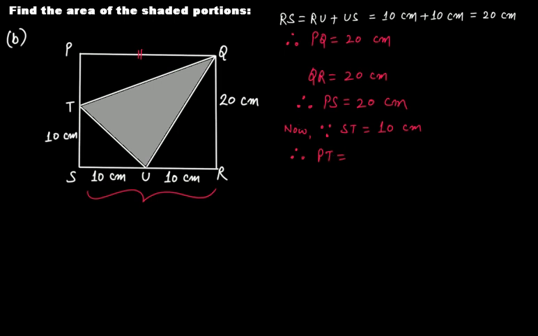PT will be PS, that is complete PS, minus TS. This gives you 20 centimeter minus 10 centimeter, and you get 10 centimeter.